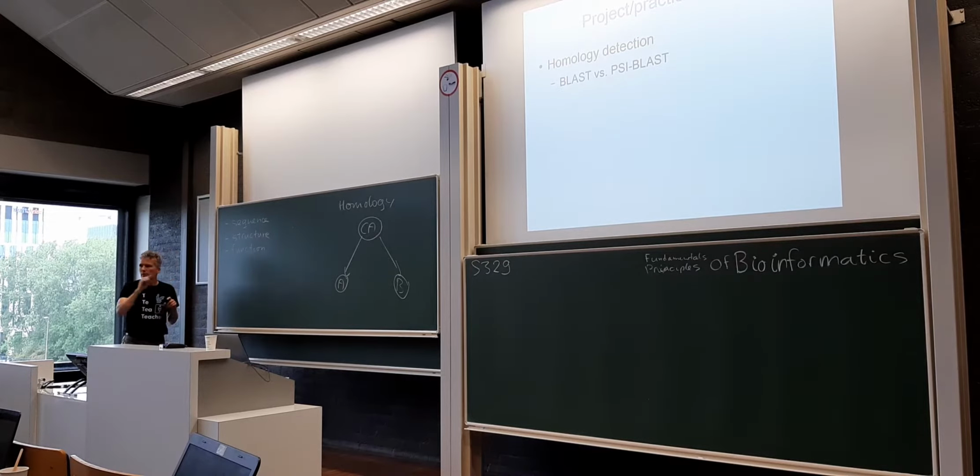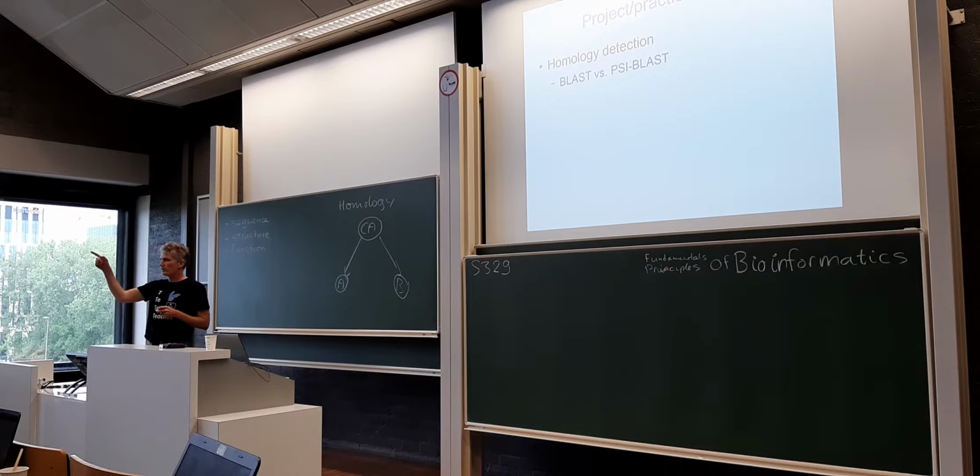But if these two proteins have a similar structure, why does that tell us anything about the common ancestor? So why does a mutation not dramatically change the structure? Did everybody get that? Probably not.